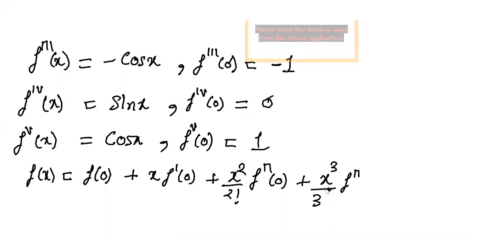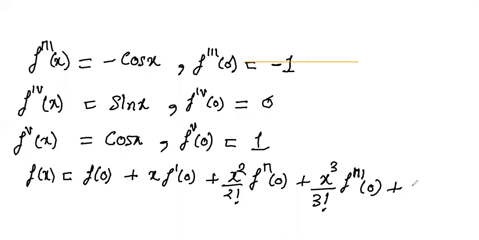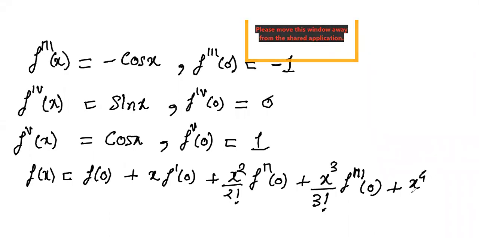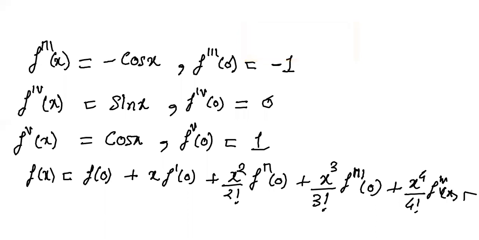This is factorial, and this is 3 times differentiation and 0, plus x to the power 4 by 4 factorial, and so on.